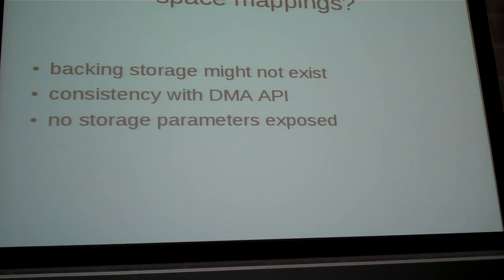The other thing is it's just a little bit more consistent with the DMA API. You have a handle for an abstract backing storage, a DMA buffer or whatever, and you map that, and that's what you get in return.